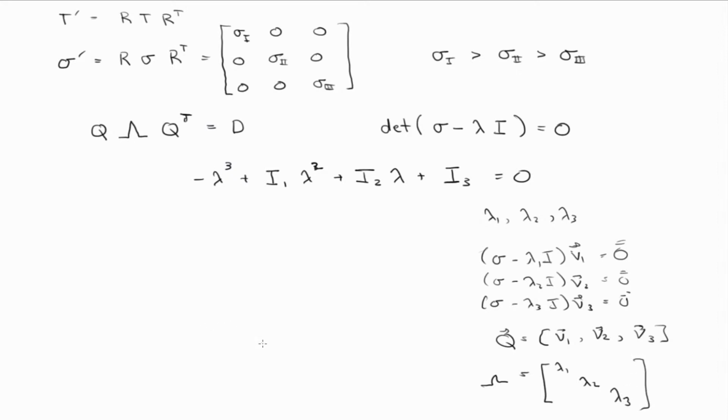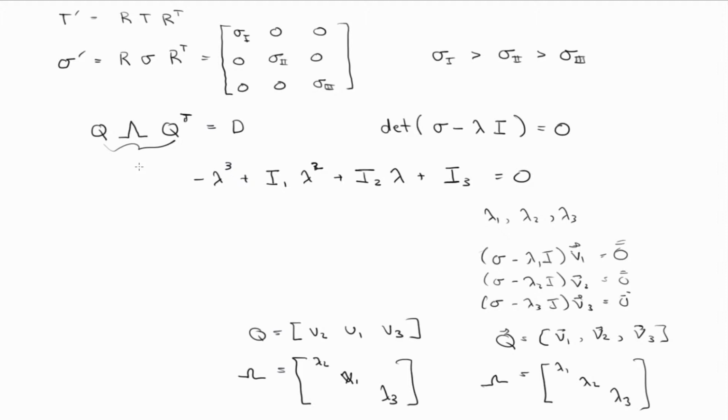However, this equation would still work, it would still give me back the stress tensor, if I chose Q to be v2, v1, v3, and then lambda would be lambda 2, lambda 1, lambda 3. If I then just computed this, it would still give me back the stress tensor.